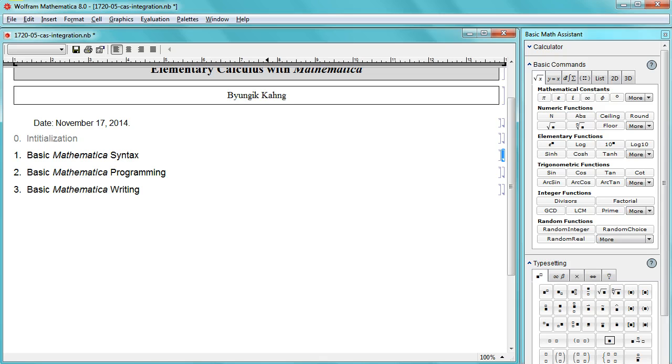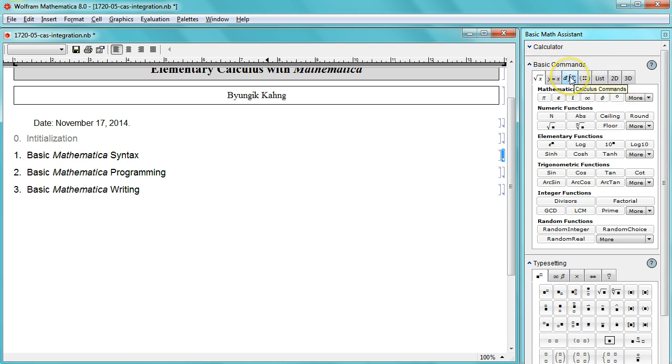I can minimize this part, and then under basic commands we have a lot of commands here. Trigonometric functions should be Sin with capital, Cos with capital, and so on. The list of those trigonometric functions are here, and there are some other functions here like Ceiling, Round. You can see a lot of those things.